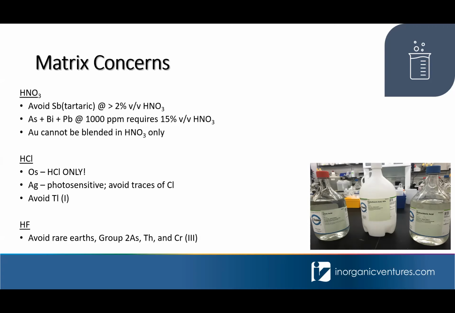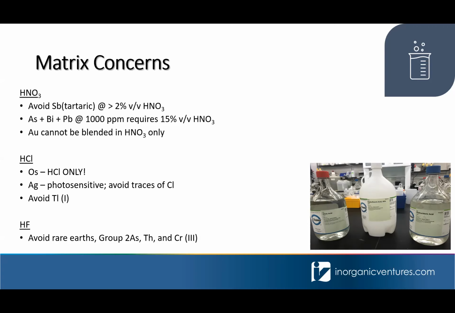So what we say is it chews up the antimony tartaric complex, and then that destabilizes antimony. So you want to avoid using the tartaric if your matrix has to be greater than 2%. You can switch over to the antimony HF solution at that point.